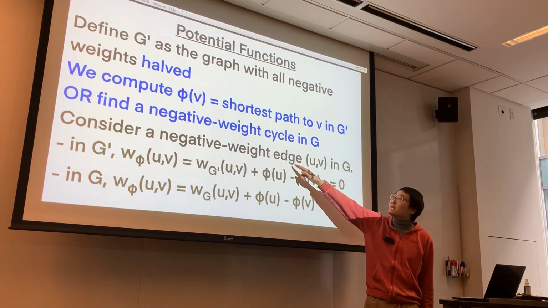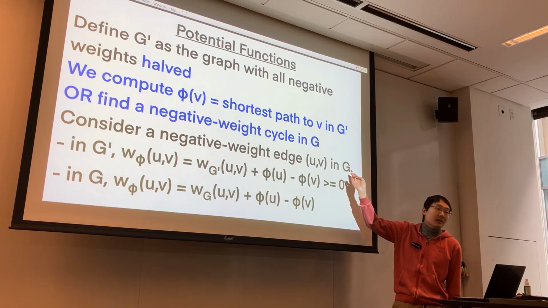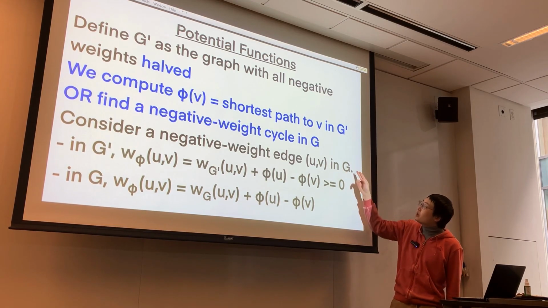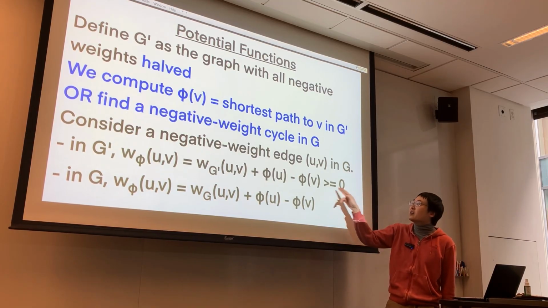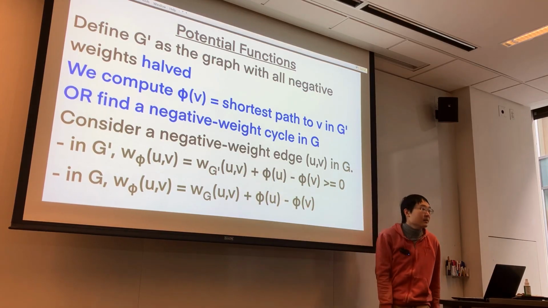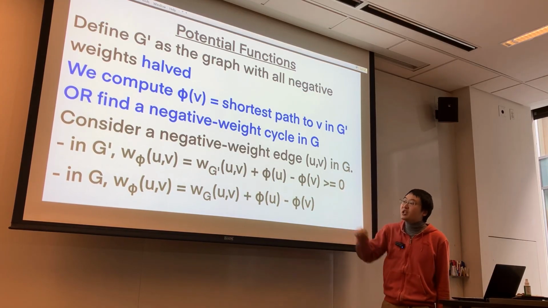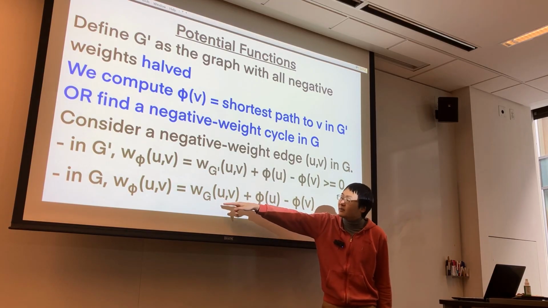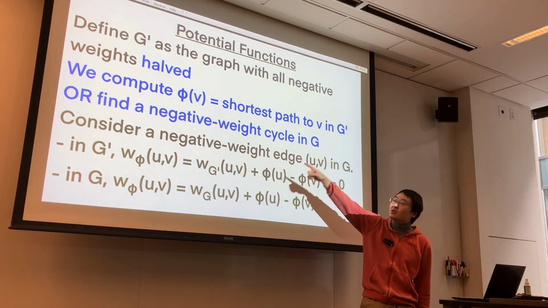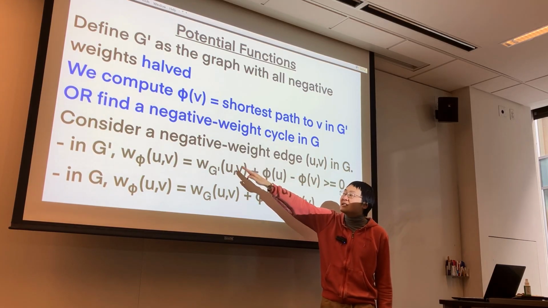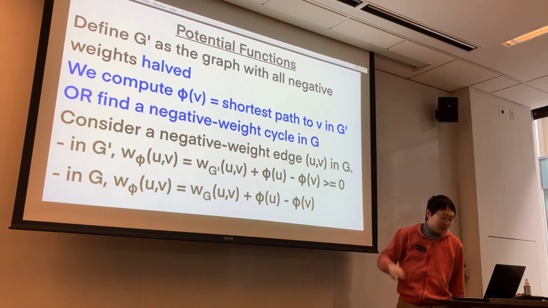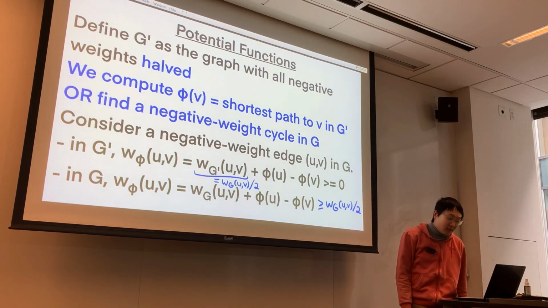Consider a negative weight edge in G. After the reweighting, what happens? Well, we know in G prime, the weight is non-negative. So the weight in G prime with the offsets is non-negative. But that's not quite true in G, because weights in G are more negative, right? The weight in G prime is the weight halved. So like -2 becomes -1. So it's less negative in G prime, more negative in G. So this can still be negative. But how negative?